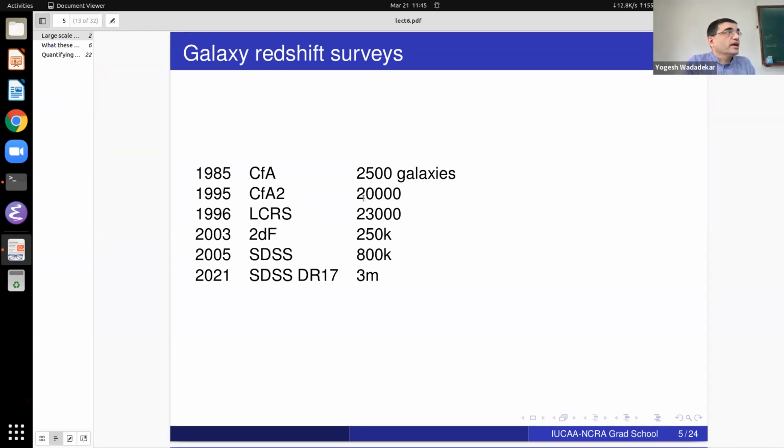Whereas if you want to take an image, again, if you say the Sloan Digital Sky Survey, you can get an image of the same galaxy with very high signal to noise in about 1 minute. So that is the ratio. It is about 100 times harder to get a spectrum just in terms of telescope time and therefore in terms of cost.